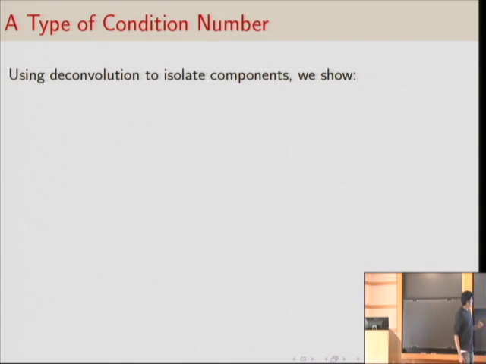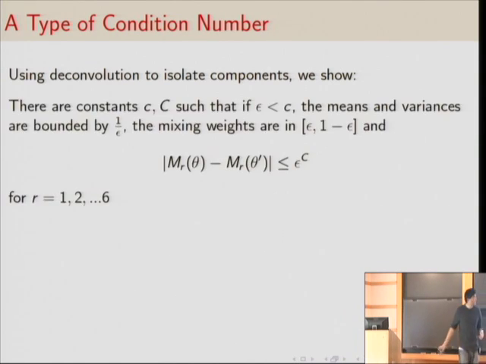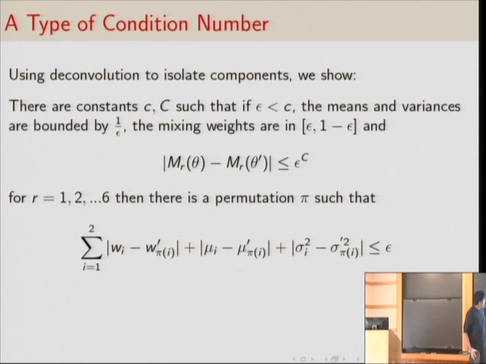And I won't prove this, but I'll mention that we can use similar ideas of using deconvolution, namely subtracting the same quantity from all the different variances, to try and isolate components and reason about the mixture. In fact, we can show that there are constants c and capital C, so that if the means and variances and mixing weights are all suitably bounded, then if you have 2 different mixtures, theta and theta prime, whose first 6 moments are within some epsilon to the c, that in fact implies that the parameters theta and theta prime are also close.